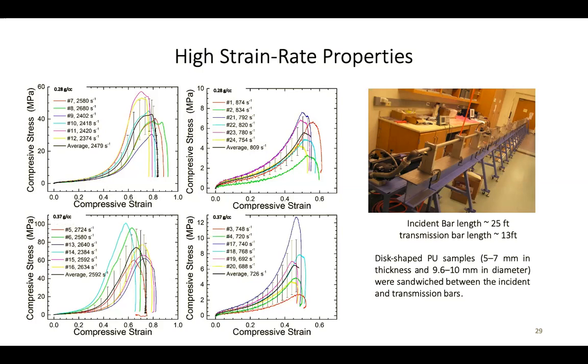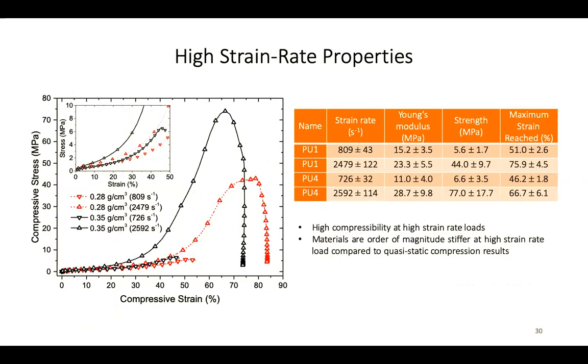And when we average them together, we can see, slide 30, Dr., that we still have a high level of compressibility for these aerogels at high strain rates, which shows that these are good impact absorbers.